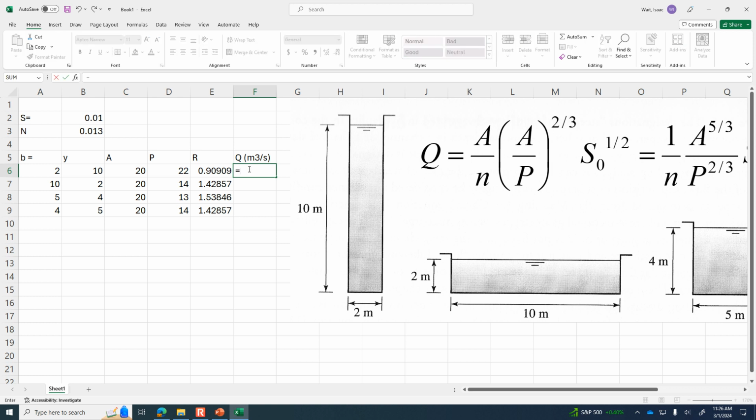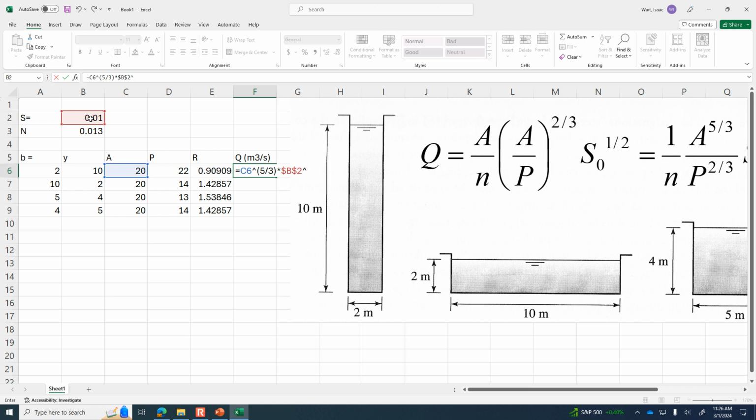So it is the area to the 5/3 power times the slope to the 1/2 power. Oh, you know what? I need to anchor that reference up to the slope since I'm going to be dragging the formula down.